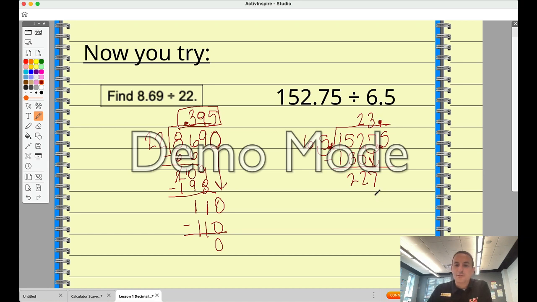So 3 times 5 is 15, carry the 1, that's 195. Subtract, that's 2, borrow 1. 12 minus 9 is 3, so 325. And I'm going to guess that's 5 times because 6 goes into 30 about 5 times. So 5 times 65 is 325. So my exact answer is 23 and 5 tenths.